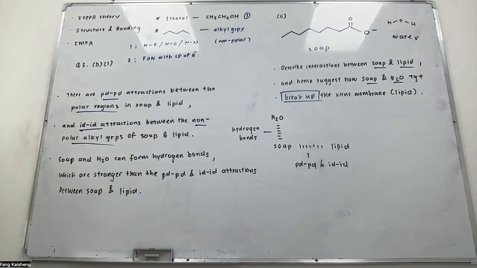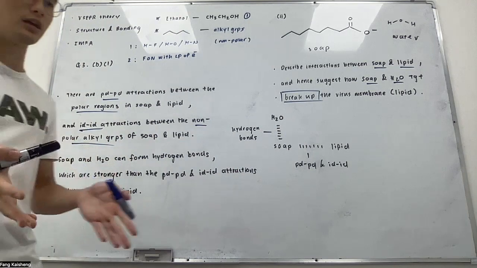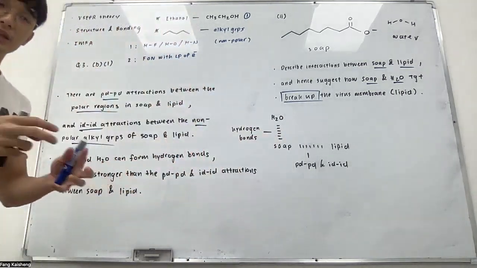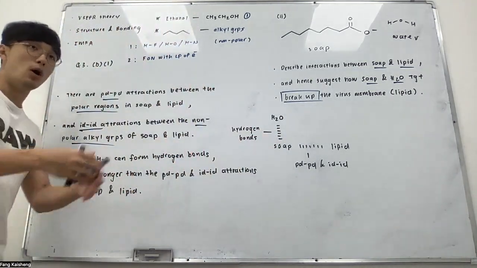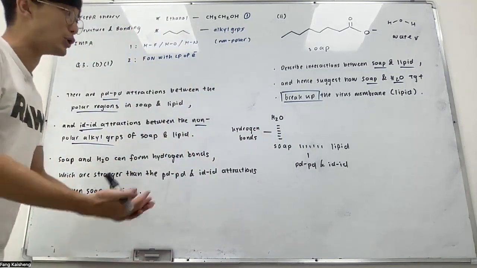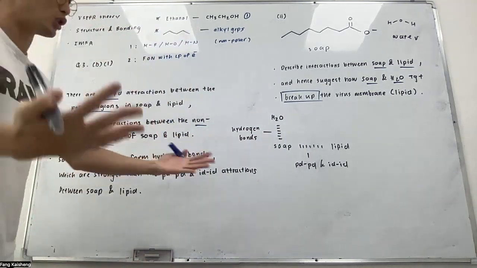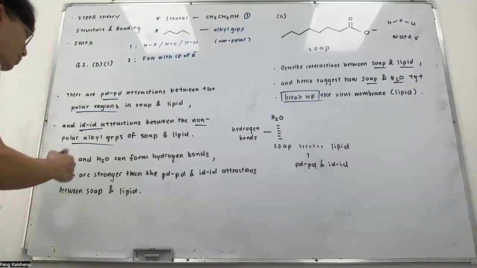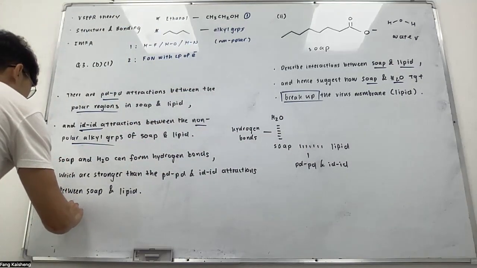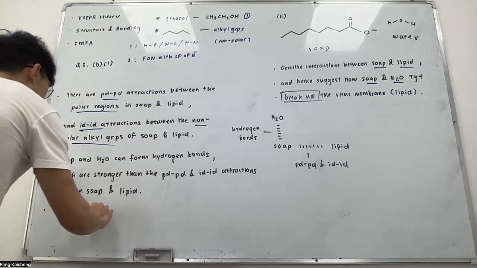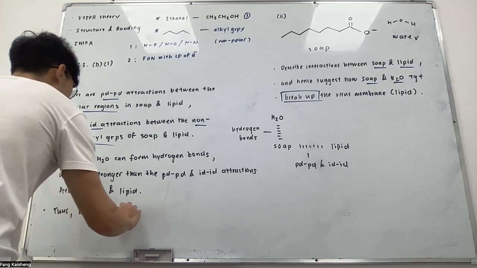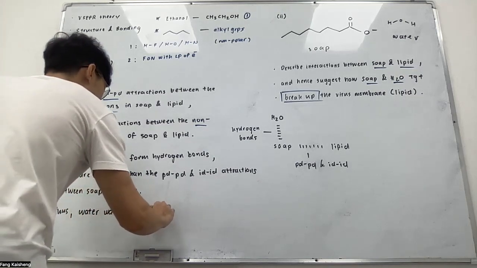And then the last point to close off your answer is kind of linking the micro intermolecular force concept to a more macro perspective, which is about actually what's going to happen, breaking up the virus membrane. Water washes away and breaks apart the membrane.